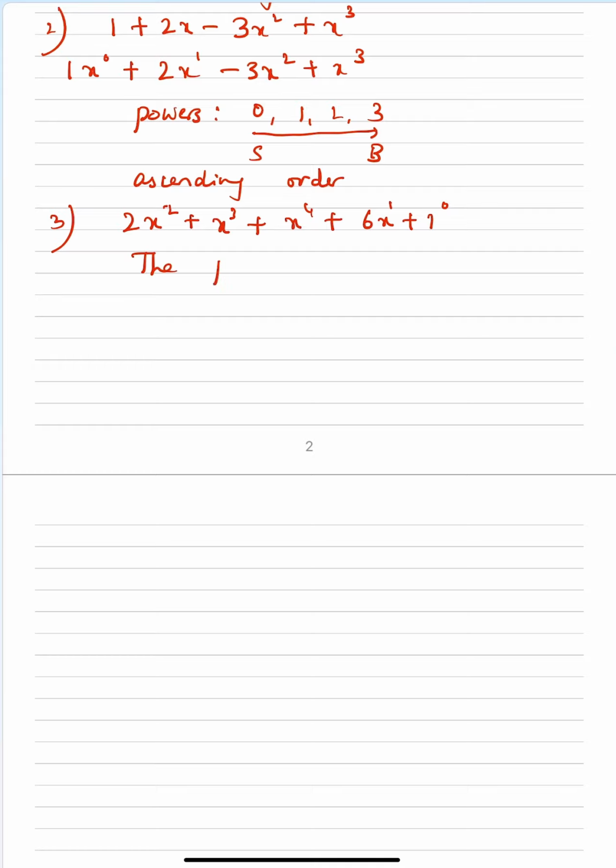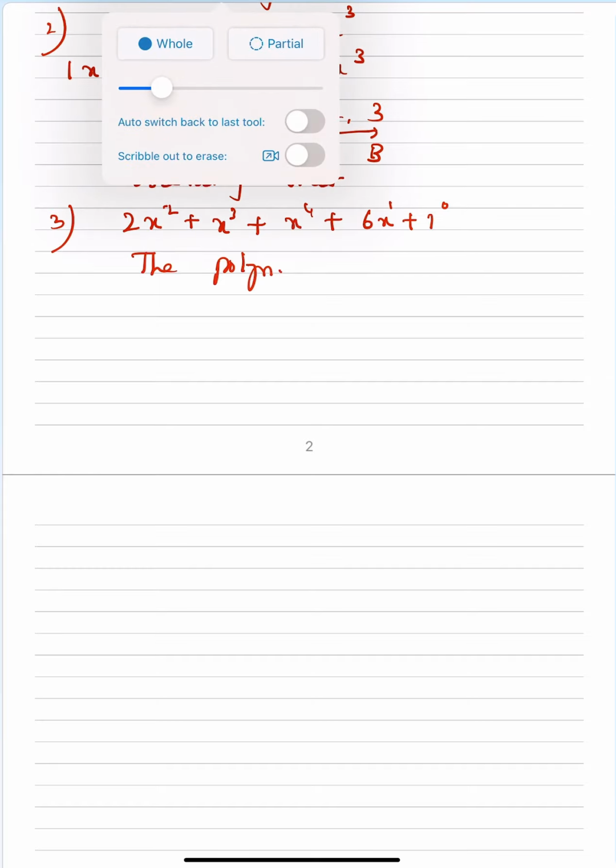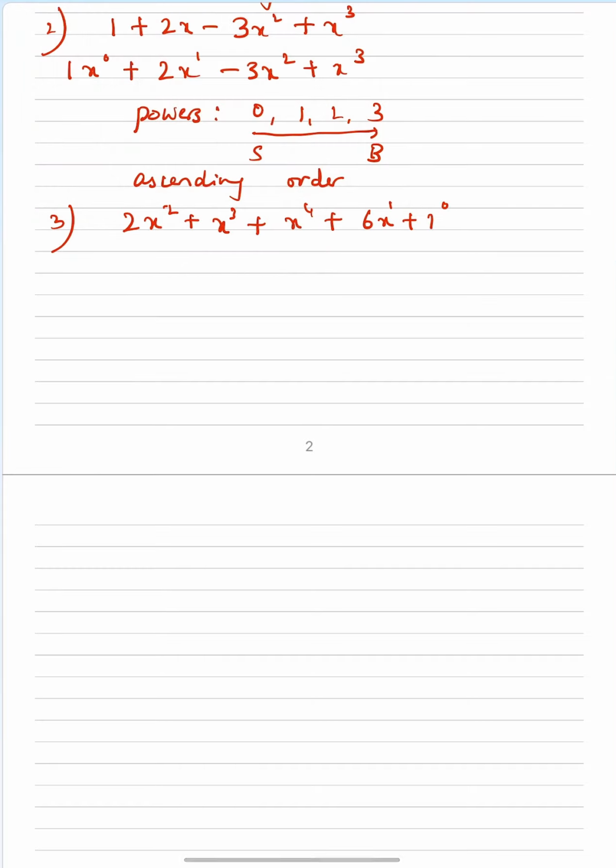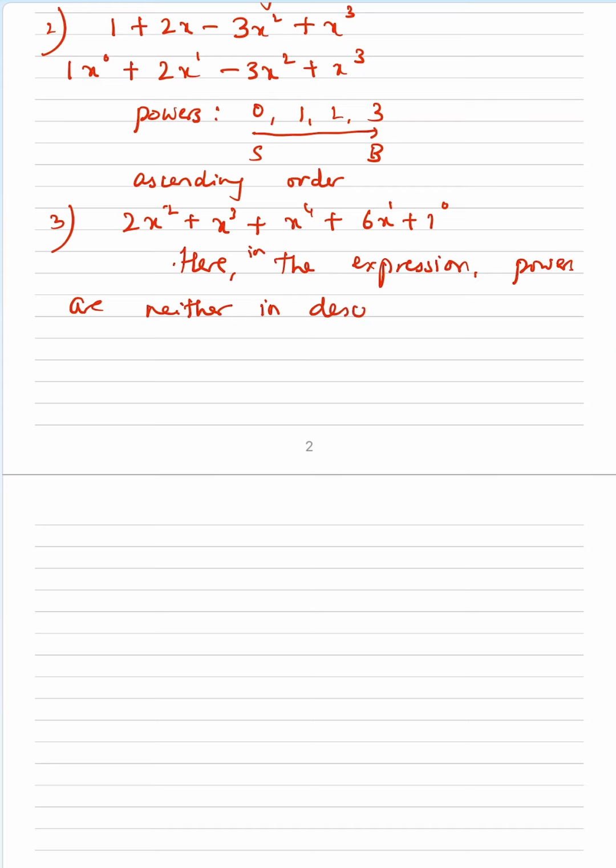The polynomial, okay, we can write in the above polynomial. Here you write like this. Here the expression, in the expression the powers are neither in descending form or ascending form.